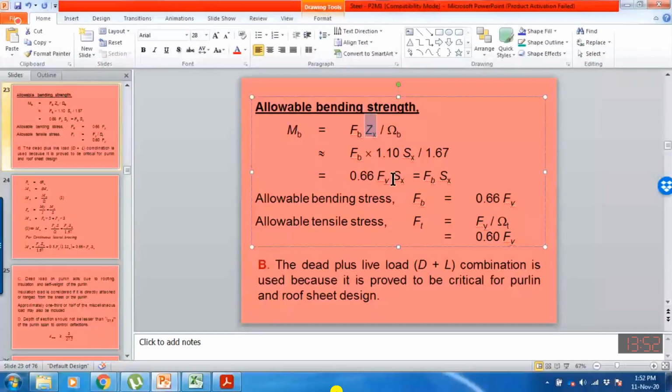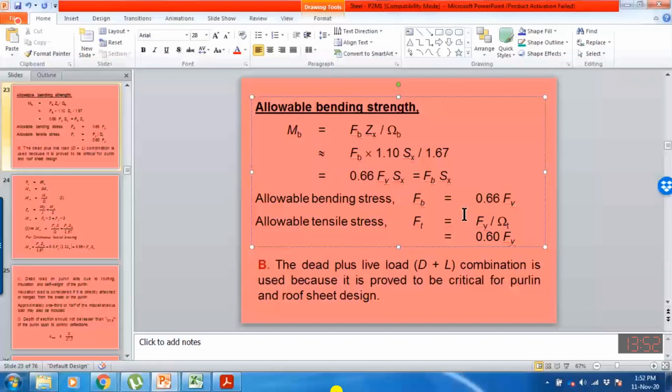And in case of the tensile stresses, tensile strength is equal to Fy. So forget about this, because in our tension member design we are not increasing the tensile strength by 10%, but only in bending strength. Forget about these two equations. Just remember how we have derived this formula.